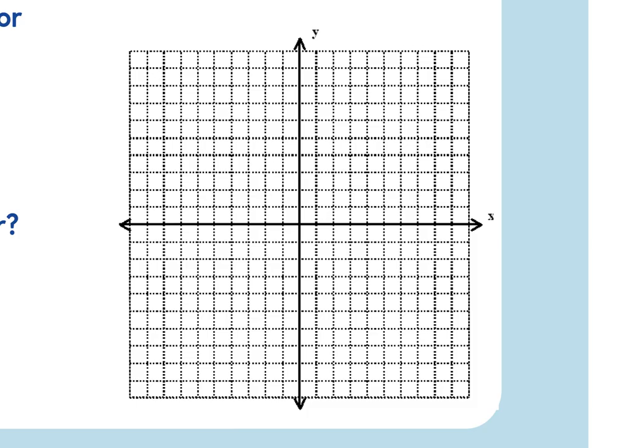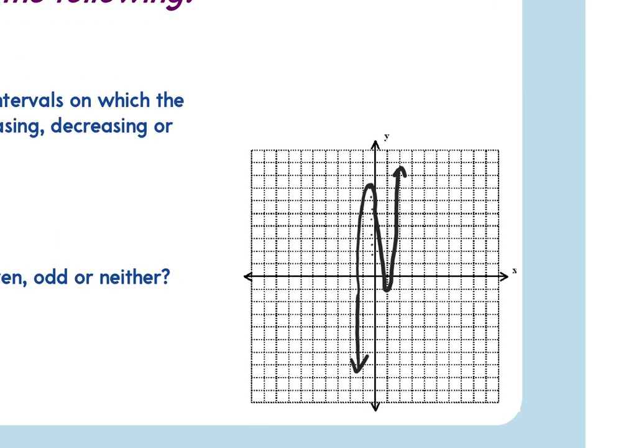Let's see, it goes up to 7. Something like that. And again, I don't need it to be exact. What I do want to do is the minimum I would say to label is your max and min, because that's going to help you with your increasing and decreasing behavior, okay?